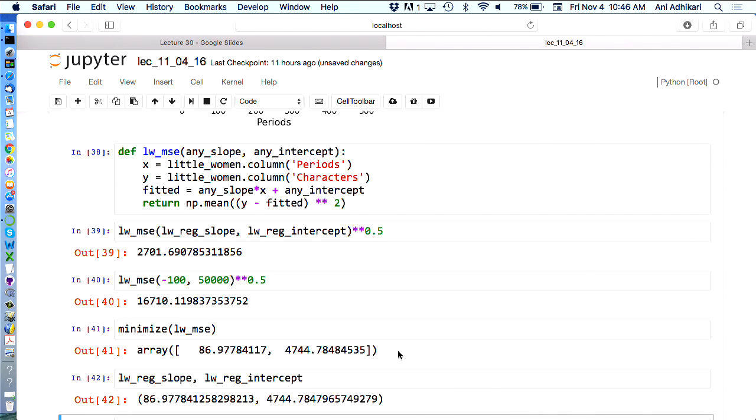So what you have seen is that the regression line that we defined last time is the least squares line. It is the line that gives you the smallest mean squared error among all straight lines. And it is in that sense that it is the best line.